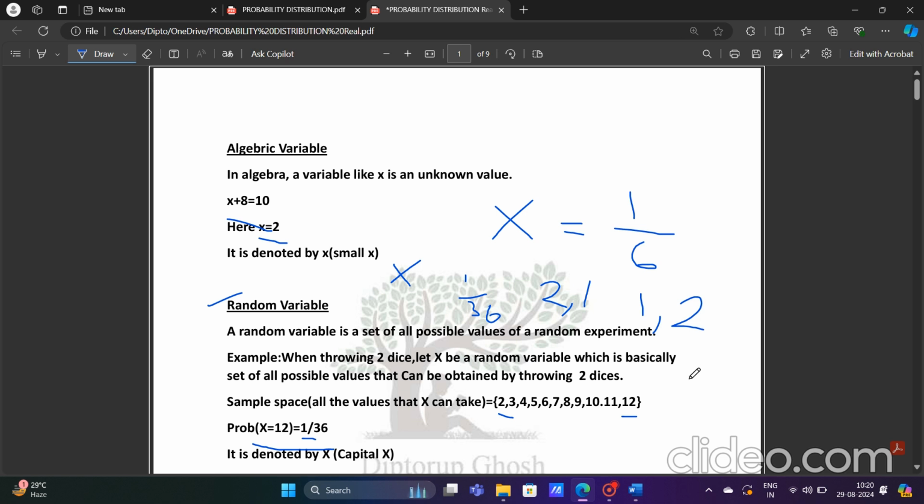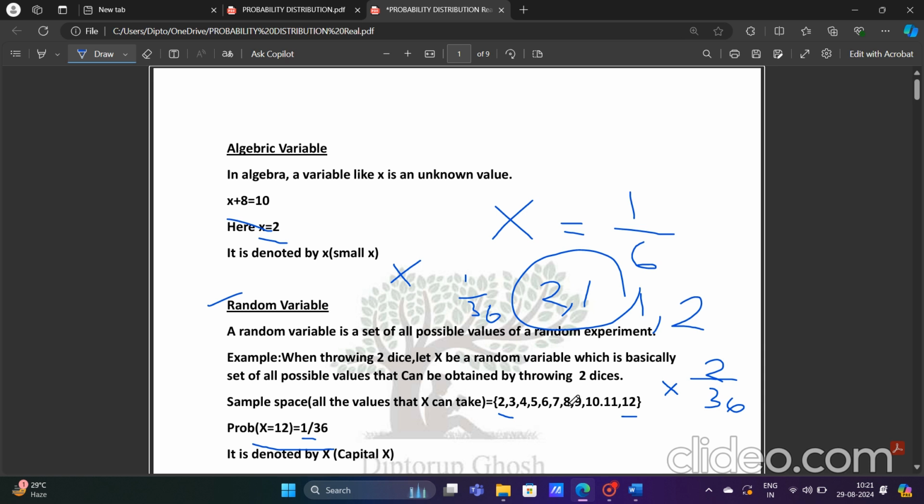So in these 2 ways we may obtain 3. What is the total number of outcomes? That is 36. And what is the favorable outcome? That is only 2, because only 2 combinations satisfy the sum of 3. So the probability is 2 by 36 or 1 by 18. So the value of x here is 2 by 36 or 1 by 18.